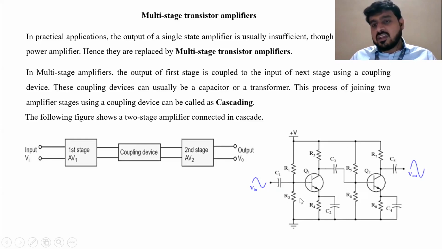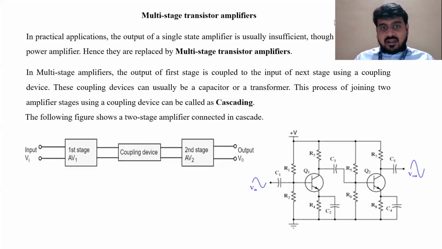You can see what type of amplifier it is. It is a transistor, sir, or what type of amplifier? It is a C amplifier. Both the amplifiers are C amplifiers. So the multi-stage amplifier is very easy if you understood each and every separate amplifier.